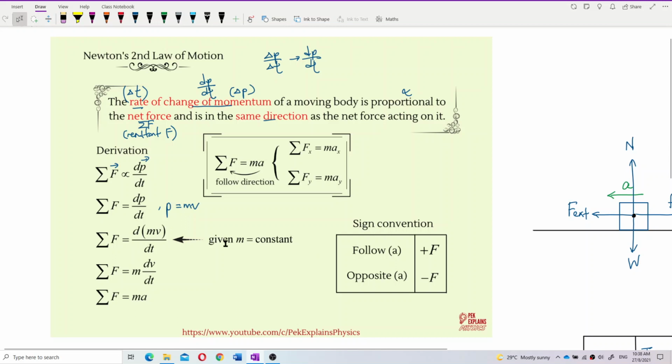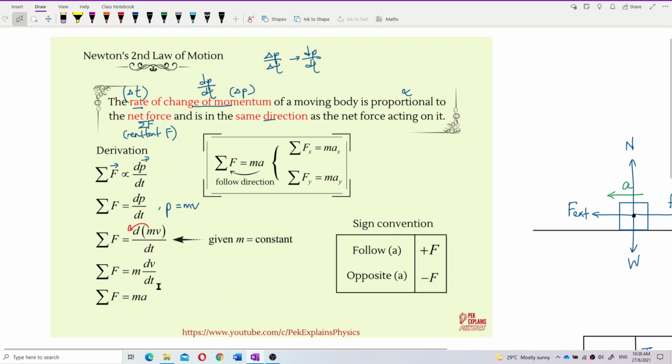So we do not need to differentiate the mass with time. The mass, which is a constant, can be taken out, because when a constant undergoes differentiation, it stays as itself, the mass. Now we are left with the velocity, which changes with time.